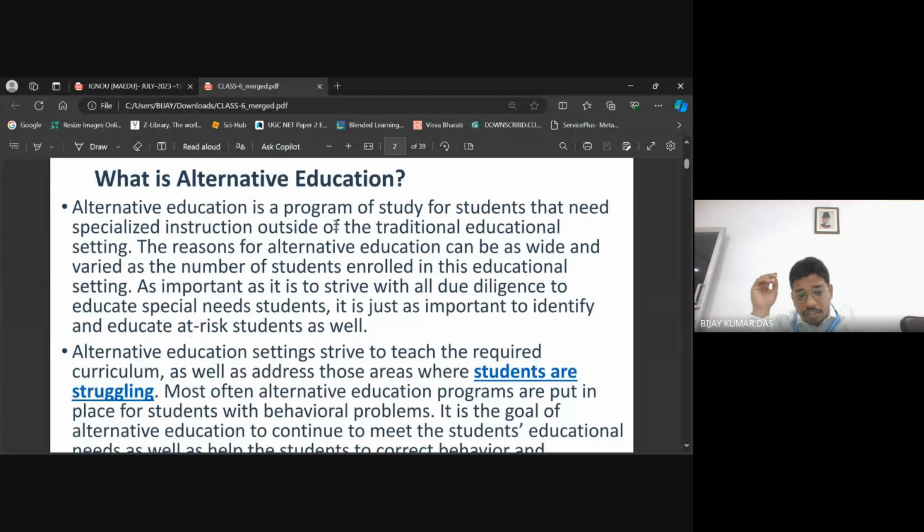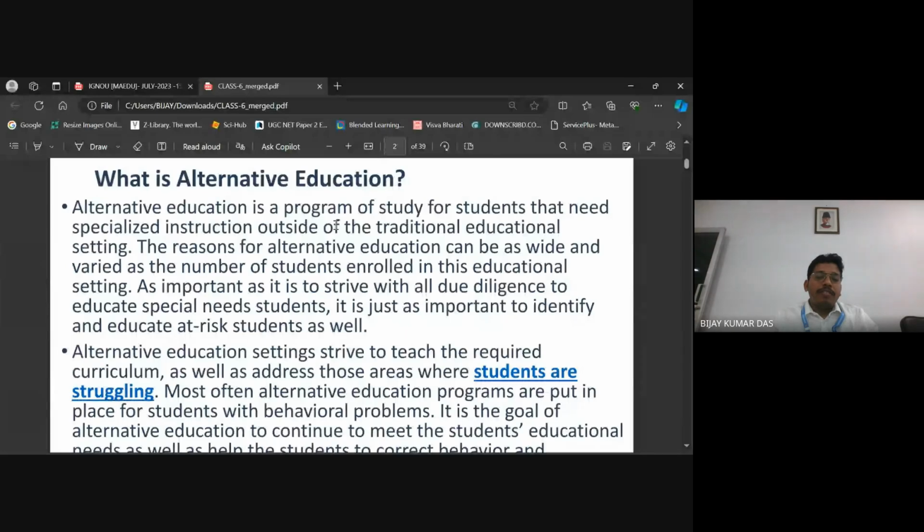The matter is that when disabled people are not ready enough to avail the facilities or to come to the institution without any kind of hamper, they are facing some issues and difficulties. So there is another mode of facilities for those who are physically challenged, those who are blind, those who are intellectually challenged, those who are impaired.